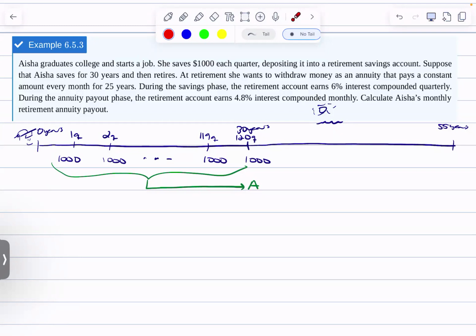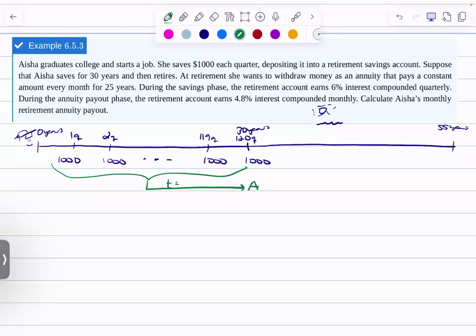And then let's see here, what do we need? We need T. T is 30 years for that first stretch of time. And we're making payments at n equals 4 times per year, and it's also compounding quarterly, so that's nice.